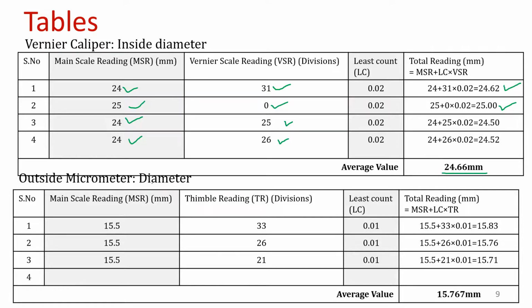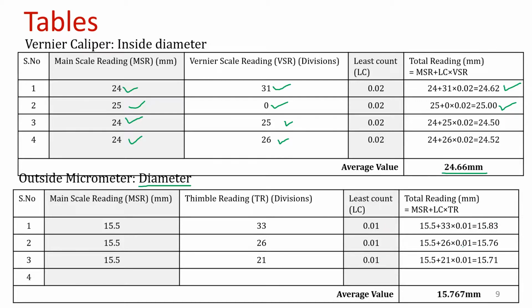Similarly, the diameter of the component is measured using the outside micrometer, and these are the values. 15.5 is the main scale reading, and the thimble readings are 33 for the first one, 26 for the second, and 21 for the third. The least count is 0.01 for the outside micrometer and the depth micrometer.